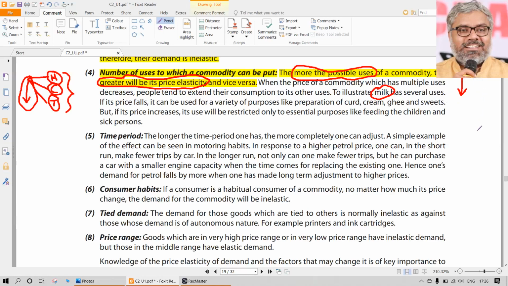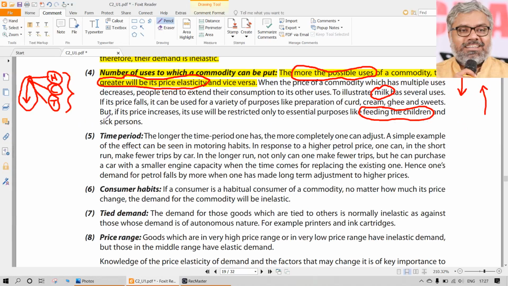Imagine the price of milk has increased too much. Then people will stop using that product for other purposes. They will restrict it, maybe only to feeding the children, or only to survive: the core purpose of using it for chai, coffee, and just for children or the sick to have some milk.